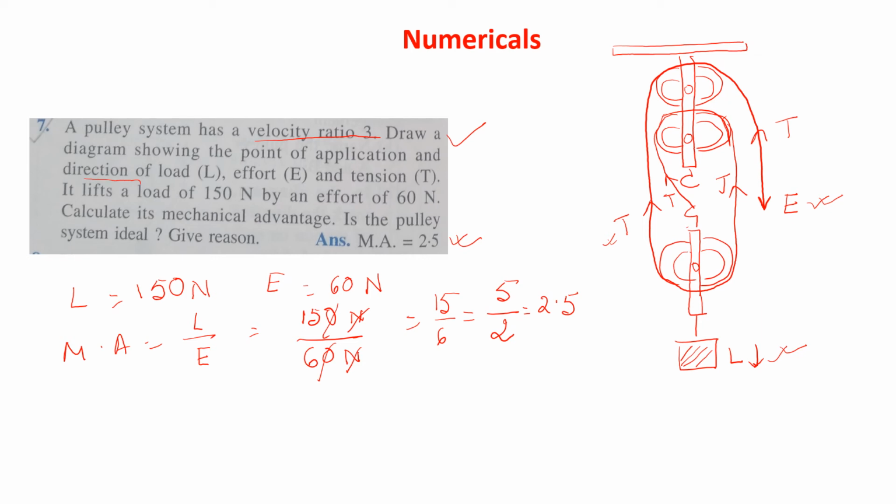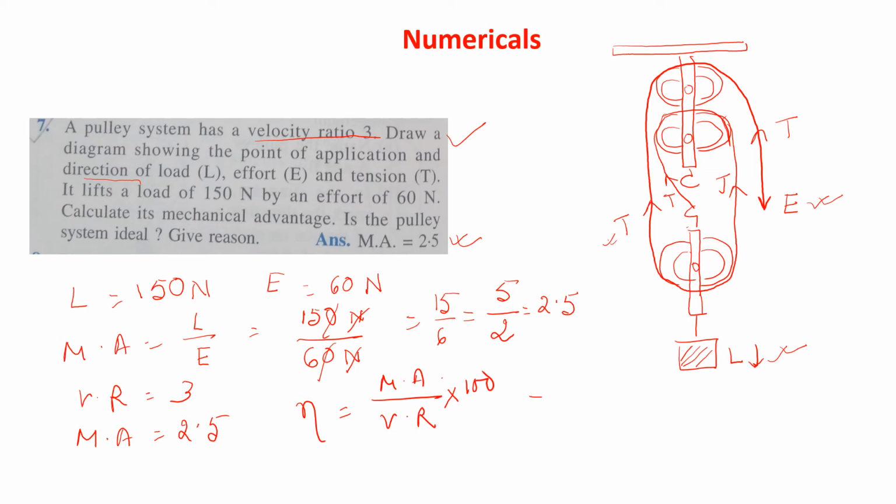Okay. Now is the pulley system ideal? That means you have to find out efficiency. Now velocity ratio is given as 3 and you got mechanical advantage as 2.5. Efficiency is equals to mechanical advantage by velocity ratio into 100.